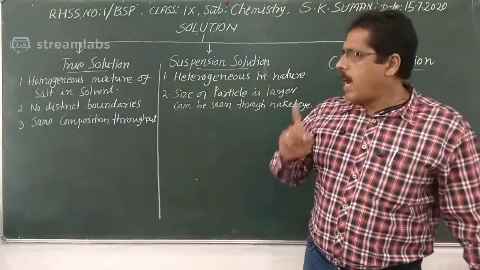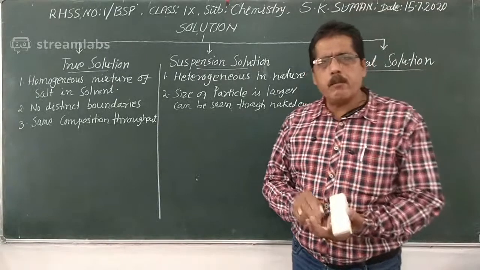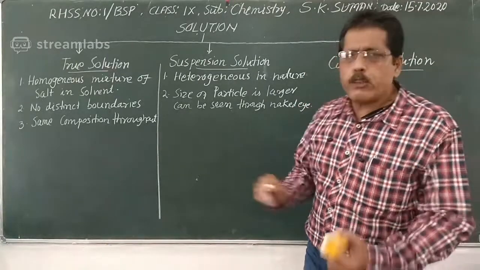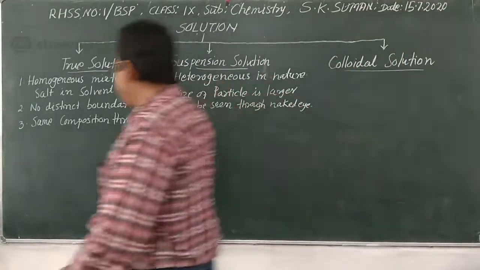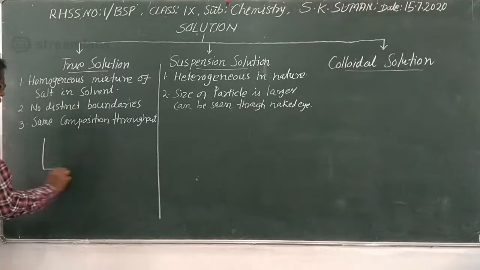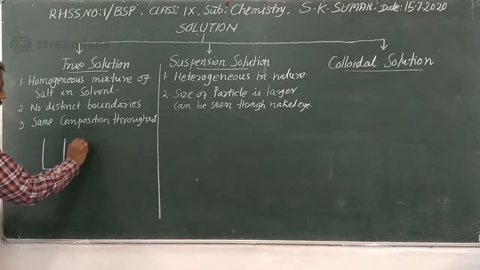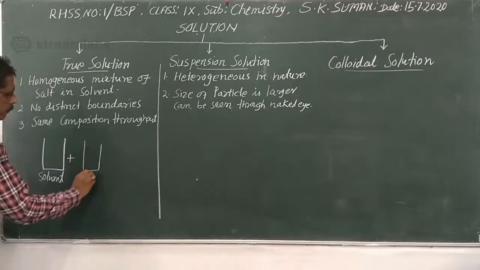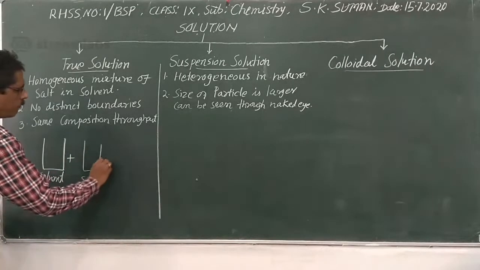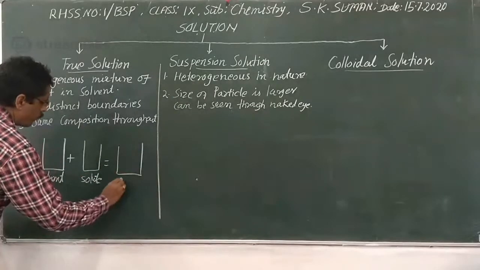What would I get? I would get a solution which is named true solution. Dear students, this true solution is obtained when solute is dissolved in solvent. Two new words are here, solute and solvent.